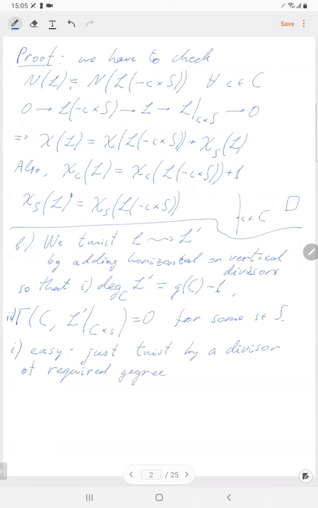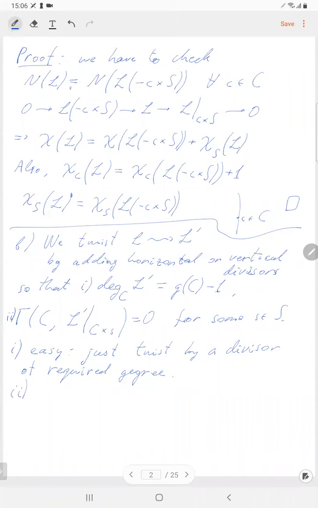You twist by 1 point, the degree grows by 1, or untwist, the degree goes down by 1. So you can obtain this degree g of C minus 1, and that's fine. But now the second requirement is more subtle.